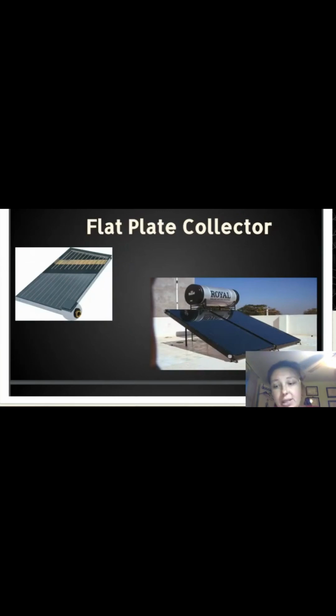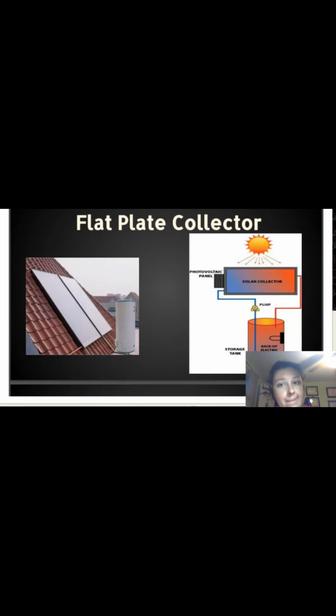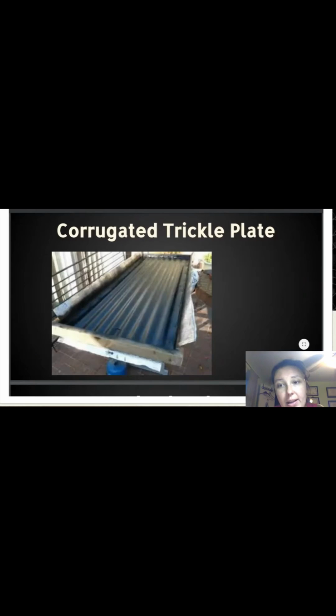Some images. Flat plate collector. This one is going to a hot water heater. Here's a corrugated. Corrugated is a surface run system where I'm actually just running the water down the corrugated sheeting, which allows it to heat. This is something that works really well in tropical climates and also doesn't require a lot of work or money.